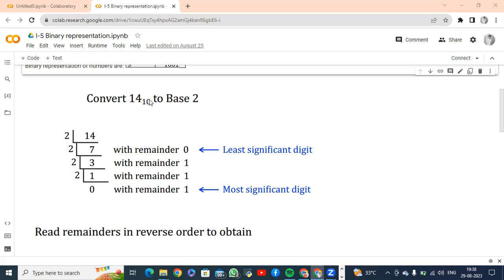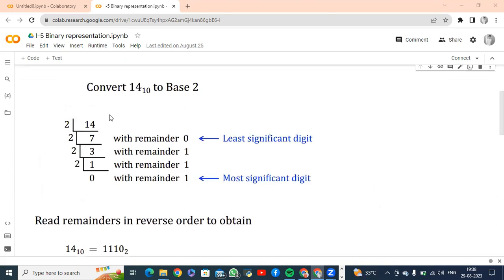It represents 14 as a decimal value to base 2. Base 2 means converting it into a binary value. We shall convert the decimal value 14 to its equivalent binary value.